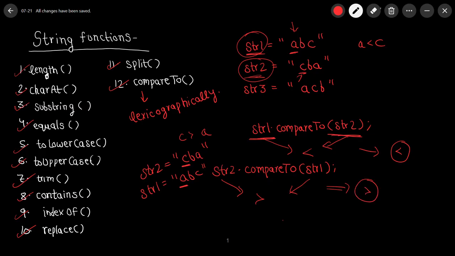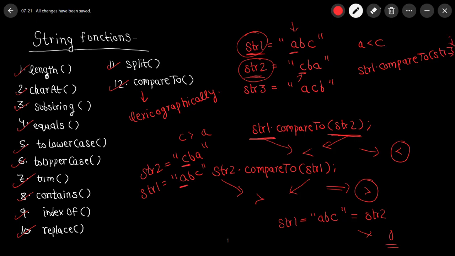And suppose the strings were equal, both str1 and str2 were ABC, then it would give me 0 because both are exactly the same.